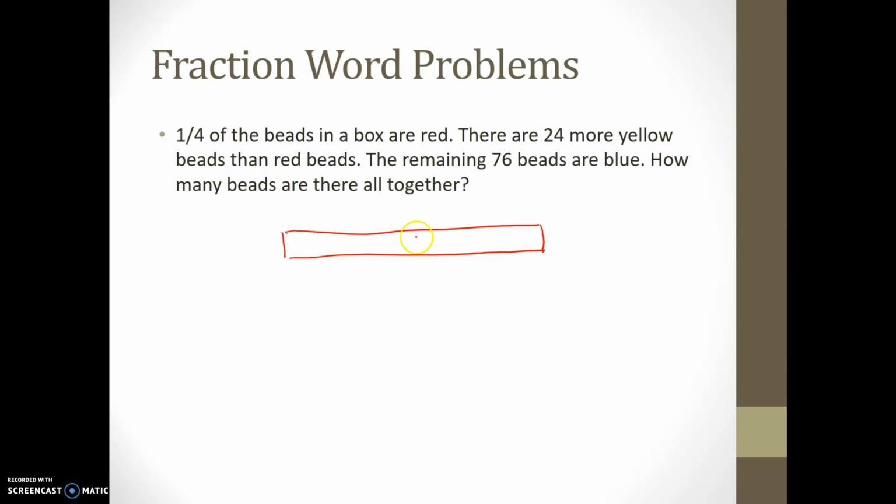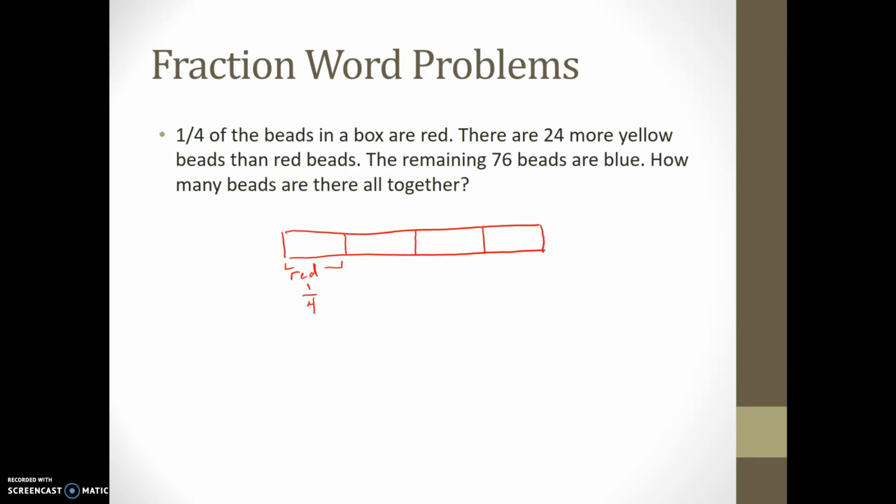Okay, well, like always, let's just take this word problem one piece of information at a time. Okay, it says 1/4 of the beads in a box are red, so I divided my bar into 4. So let's mark red right here. And I'm going to mark a little 1/4 underneath that. Now it says there are 24 more yellow beads than red beads.